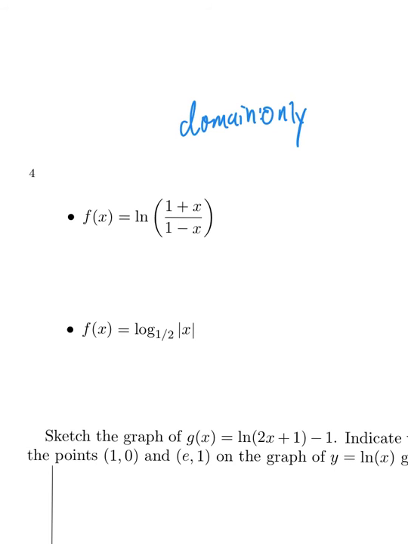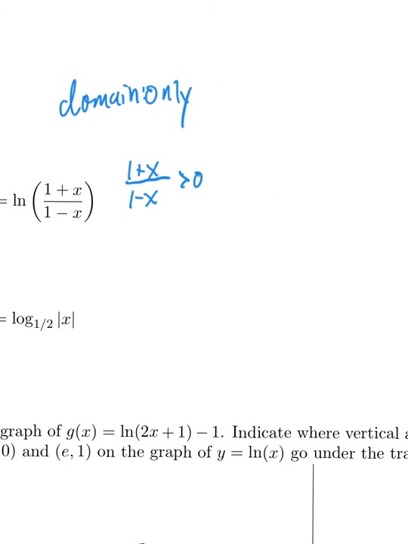So let's try to find the domain of this function. In order to find the domain, I need to solve an inequality. I can only see a positive number inside of a log. So I need to solve 1 plus x divided by 1 minus x bigger than 0. And this is a rational function, so there's an extra step in finding these important points.